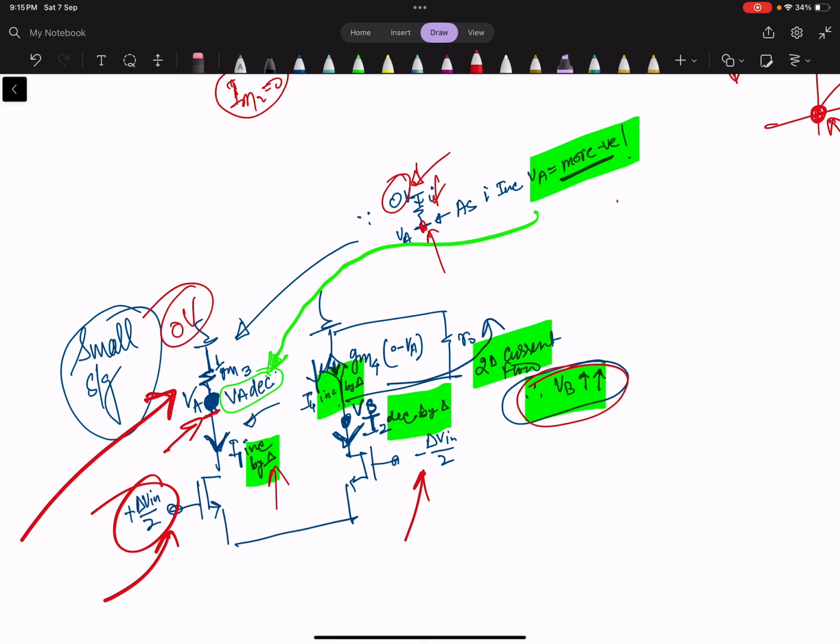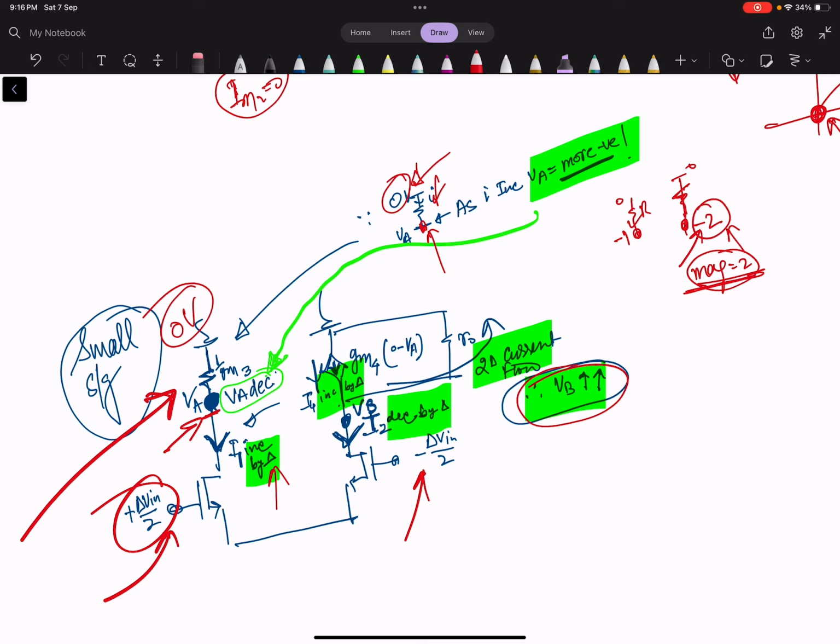Let's say earlier it was, for example, minus 1. Now if you increase the current, what will happen? This voltage will decrease. In magnitude you can say it has increased, but the direction is negative, which is why I am saying it is decreased more.